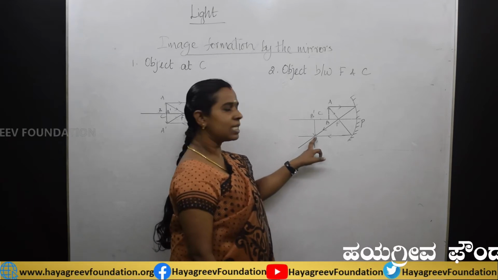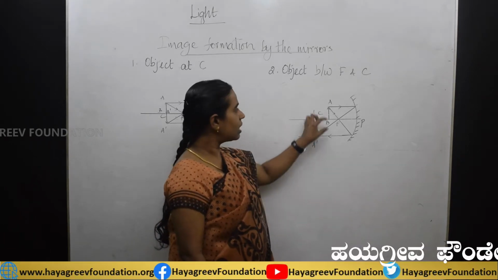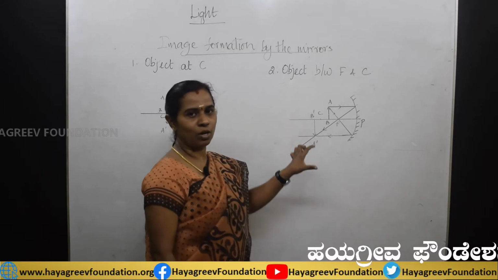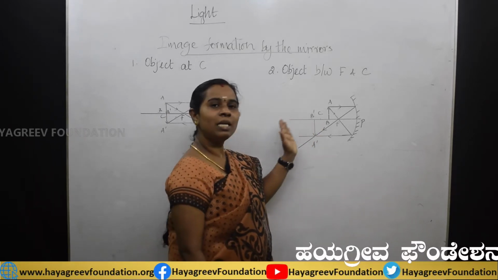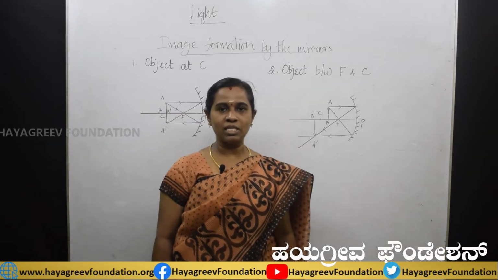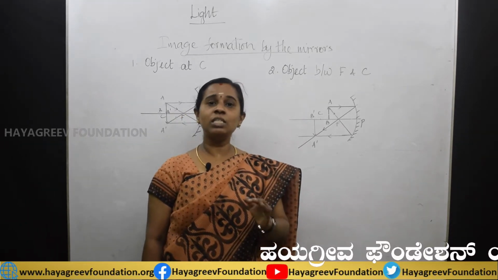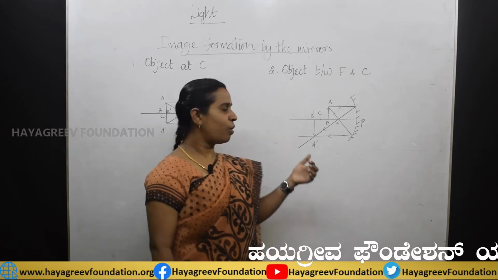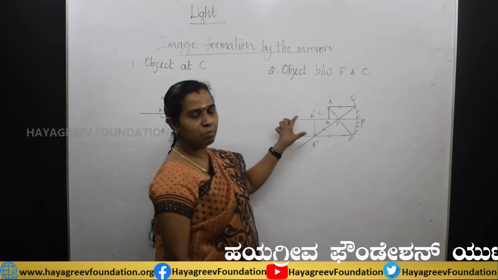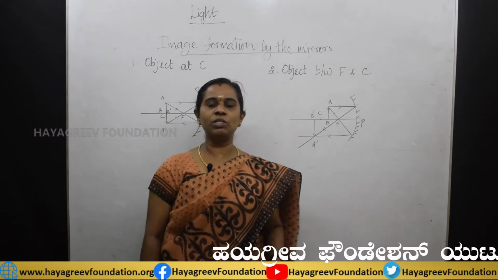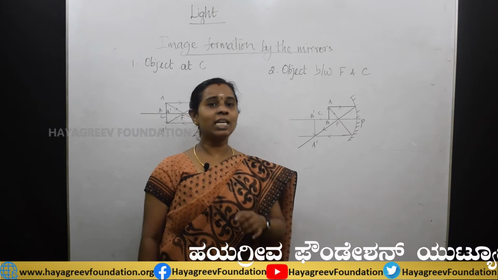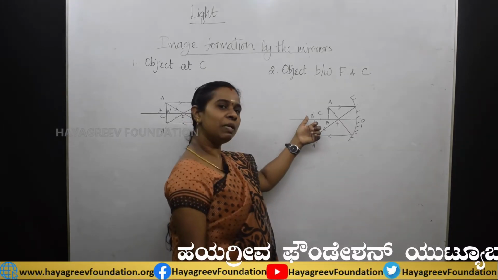The reflected rays meet at this point. Compared to the size of the object, the image size is large. One more thing, it is formed beyond C. So, if the object is kept between F and C, a real, inverted, enlarged image is formed beyond C. Compared to the object, the image size is big, so we have to use the word enlarged.